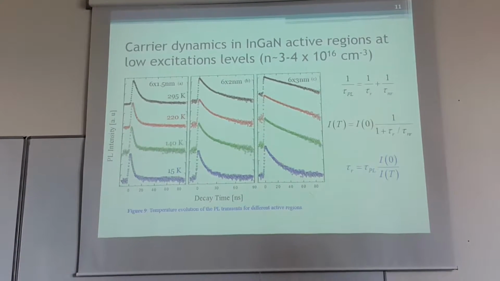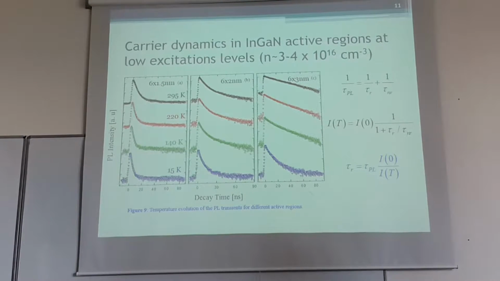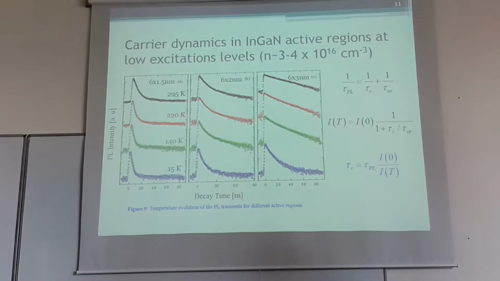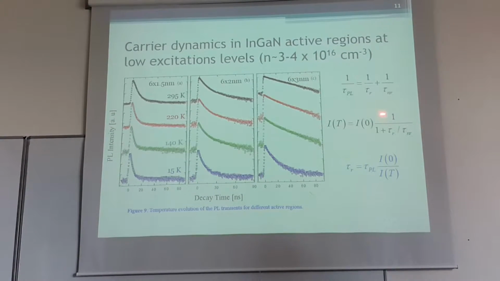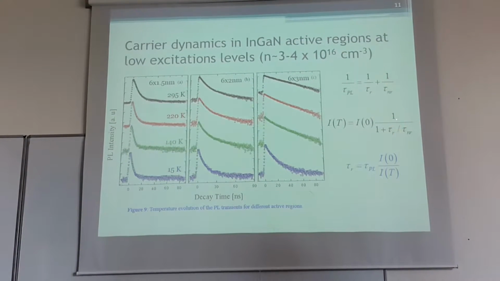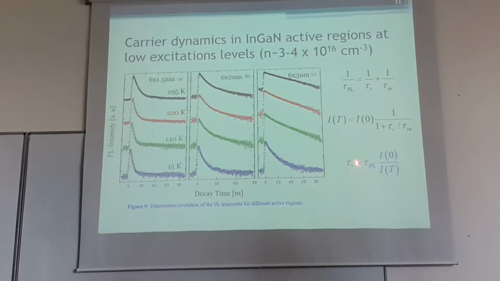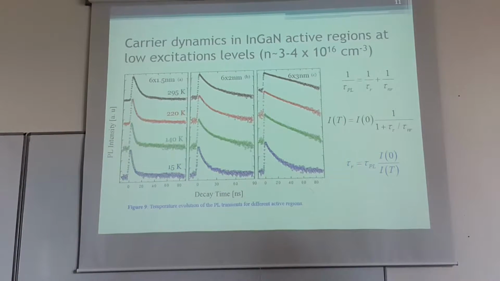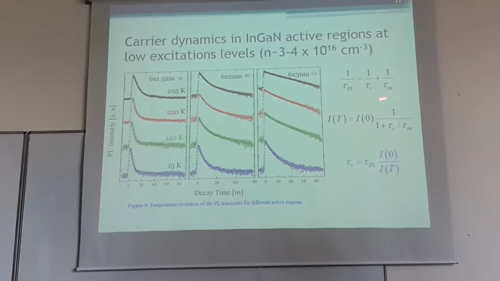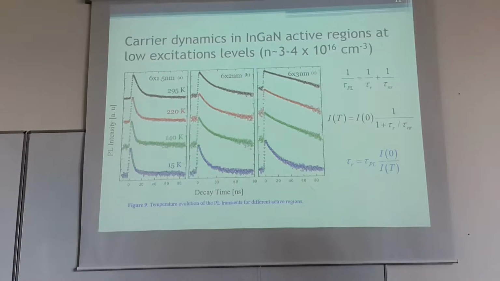If we do temperature dependence photoluminescence measurements, we can obtain the intensity. So we can plug here. We can use these two pieces of information in order to obtain radiative lifetime. Since we know this information from fitting, we can just plug here. We can obtain non-radiative lifetimes too.